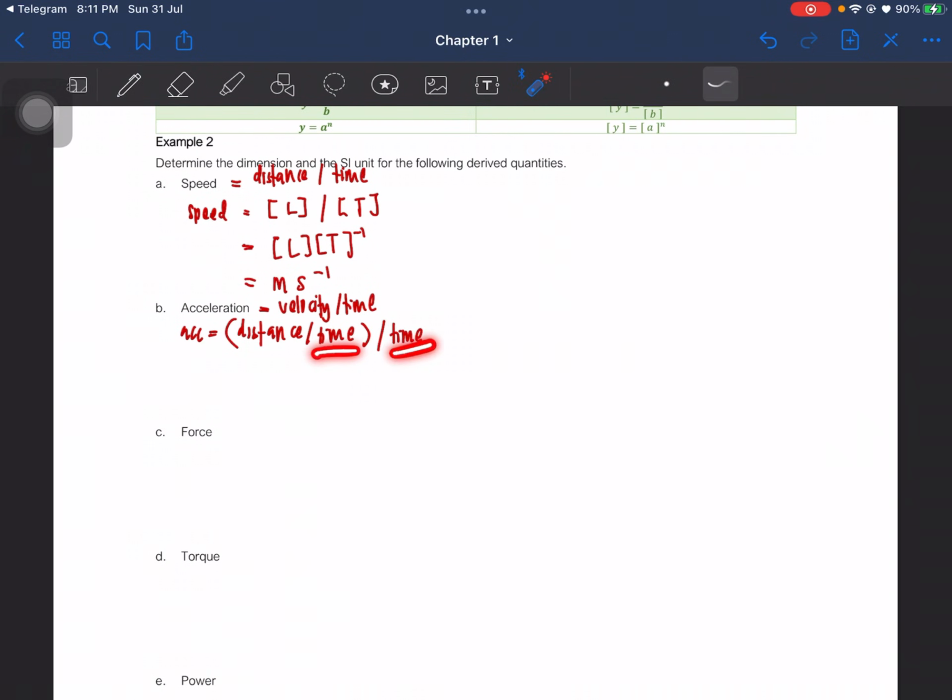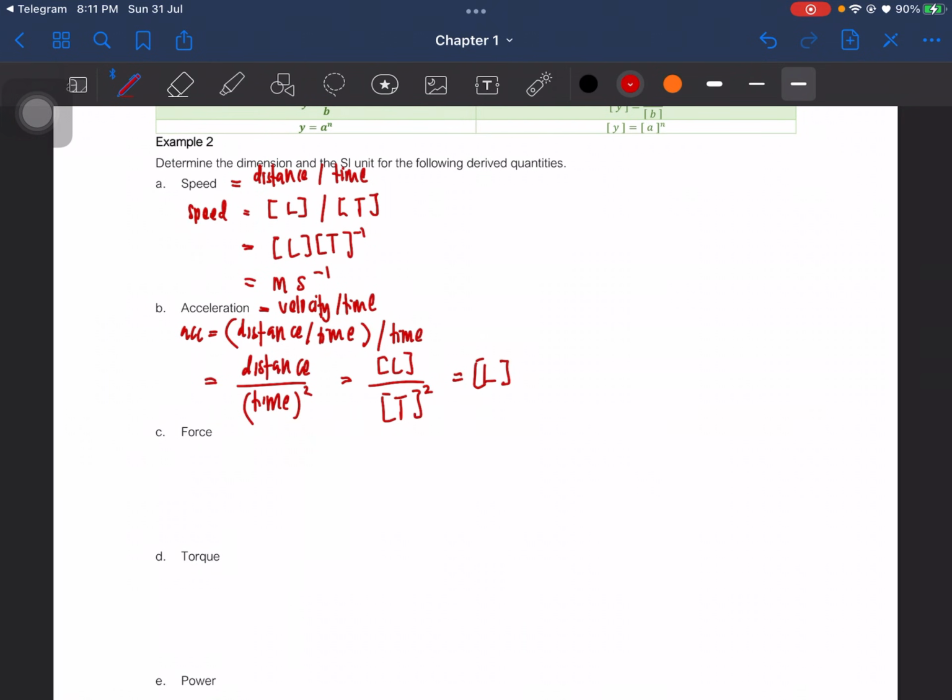If you get time and time as the denominator, you just put it as distance divided by time squared. Distance is L, time is T, so this is going to be L T negative 2, which gives us m s negative 2.